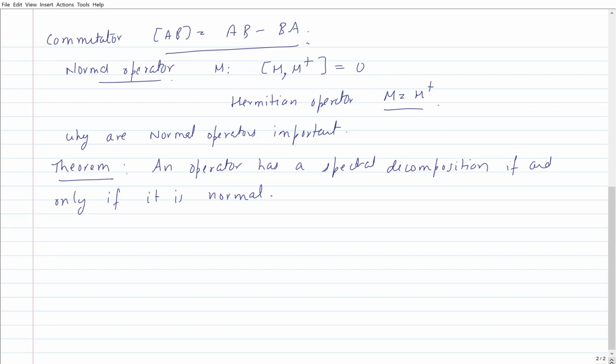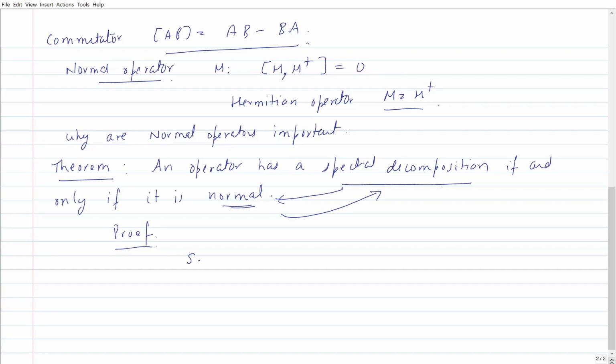Now, the proof is kind of neat and elegant. Let's just go through how you proceed proving this thing. So, proof. By if and only if, we have to prove it in both directions. Given a spectral decomposition implies the operator is normal, and given a normal operator implies spectral decomposition.